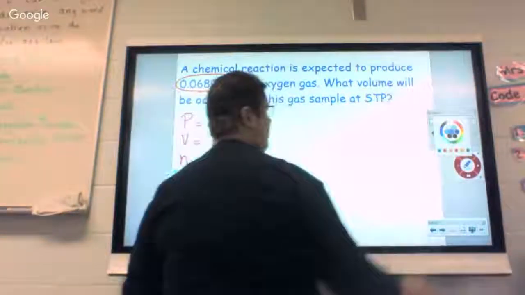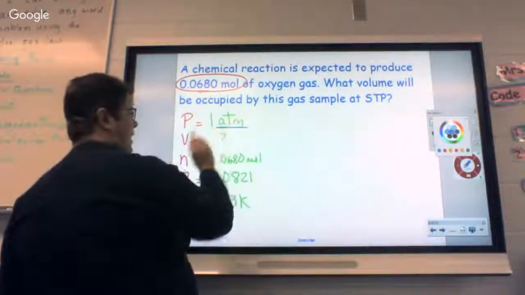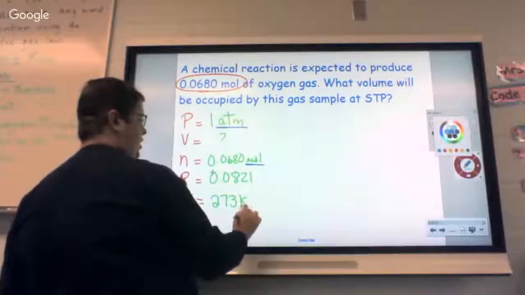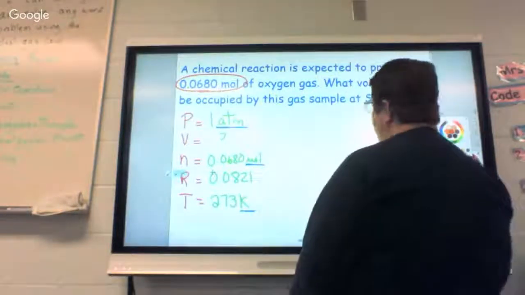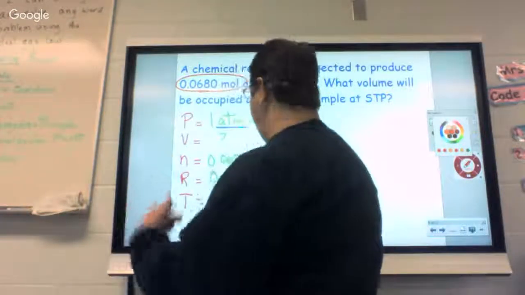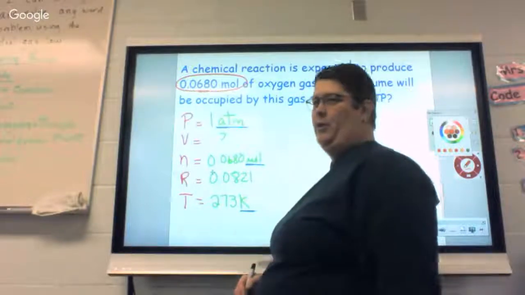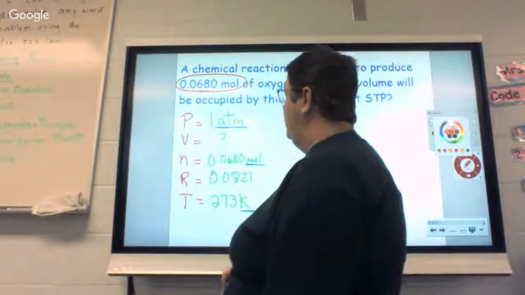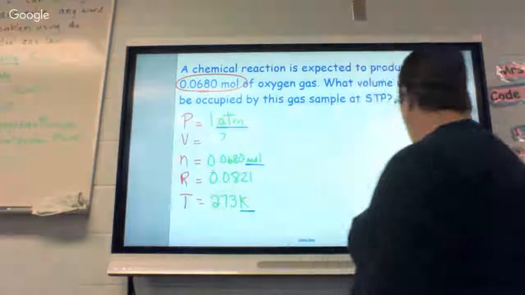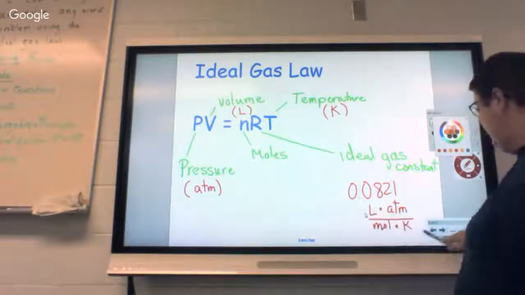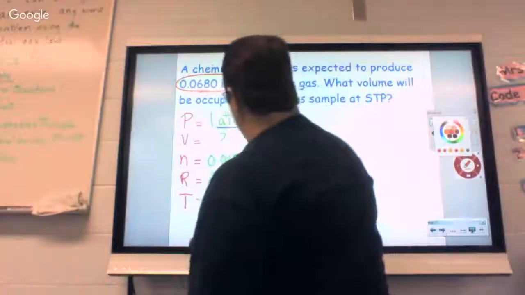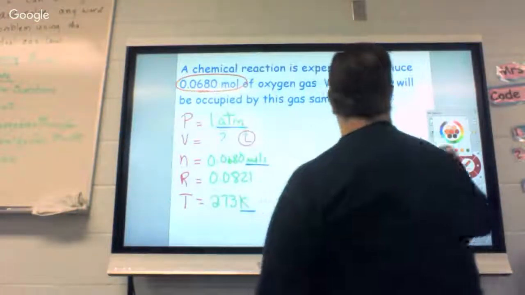So, before you plug and chug, check your units. Atmosphere is good, moles is good, kelvins is good. So, when we solve, that means R, all of those units. You can write them down, but it just clutters everything up. All right, so, what unit will volume turn out to be in? It will turn out to be in liters. Okay? So, this will be in liters when we solve.